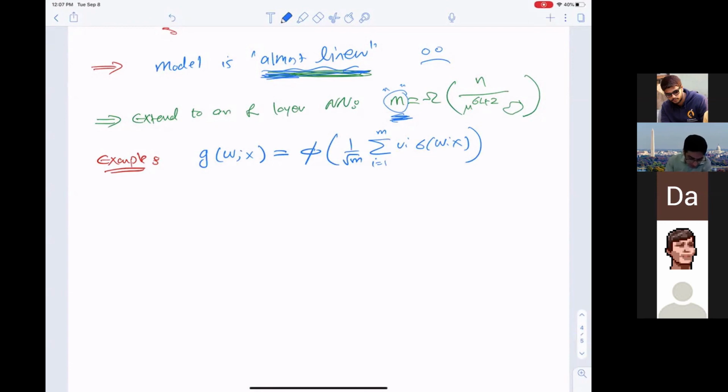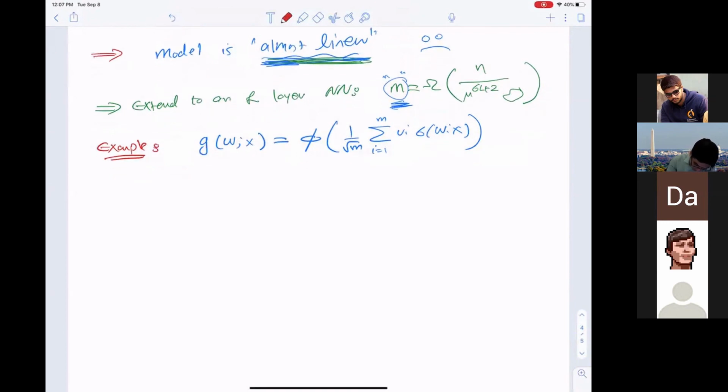With the same argument, we can do the analysis of the tangent kernel and the Hessian, and we can observe the following. As before, the tangent kernel is going to be order 1.